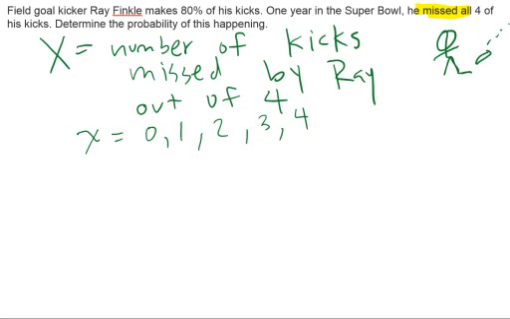So I'm going to use the formula to figure this out. Let's set our parameters up. We have n equals 4, and using complements, if there's an 80% chance a kick will go in the bucket, then there's a 20% chance it won't.